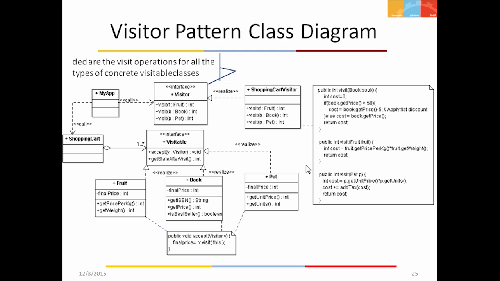There are three concrete classes here: fruit, book and pet, which is why there are three such visit methods. For all the visitable classes, it implements a specific activity. In this case, it is computing a price calculation. If you want to do something else on these visitable classes, you need to create another visitor class.